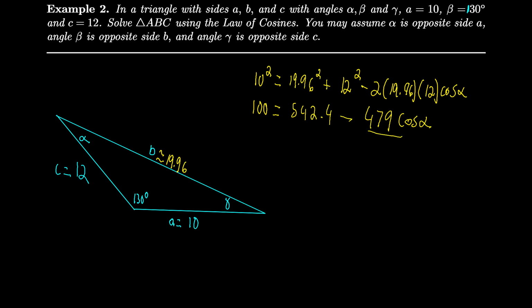You want to leave the exact decimals in here as big as you want the entire time. You will get more accurate answers. But in order to solve this, you're going to subtract over the 542.4 and then divide by negative 479. So you're going to get that the cosine of alpha equals the 100 you had minus the 542.4 that you subtracted over, and then you divided by negative 479.